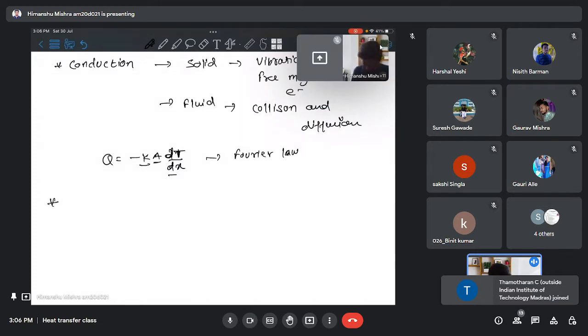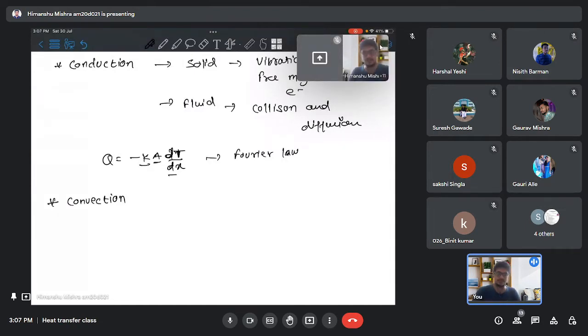Similarly, there is another mode of heat transfer, convection. In convection, the heat transfer takes place due to the bulk motion of the fluid. In conduction, it is due to the diffusion process, whereas in convection there is diffusion as well as the bulk motion of the fluid parcel. For example, I have a flow inside a channel, and some large fluid parcel is carried away due to the fluid motion in a specific direction.